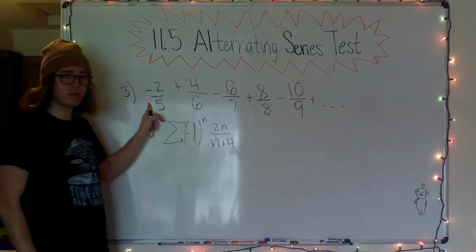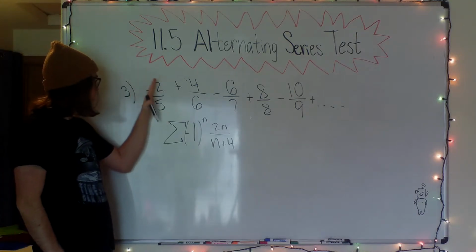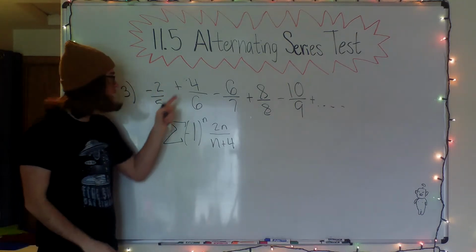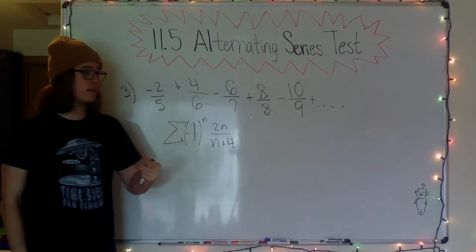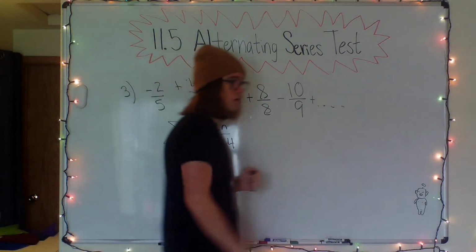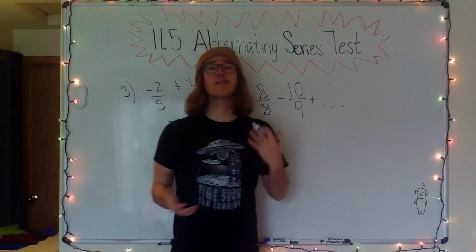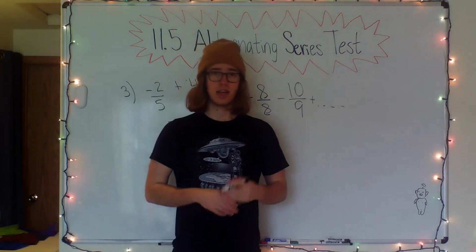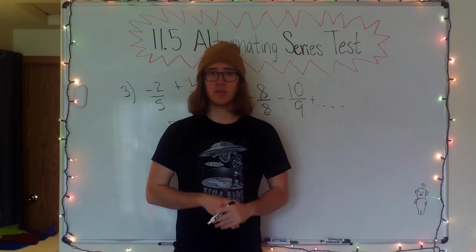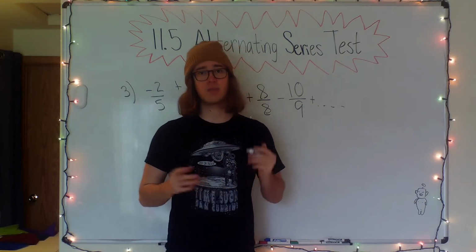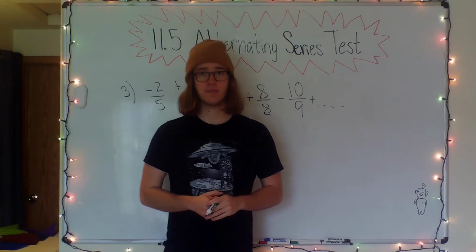This is approximately negative 0.4, or the absolute value is 0.4. That's 2/3, which is 0.66. So our series is increasing. It's an alternating series, but it's increasing. So by our alternating series test, it is divergent because it does not satisfy the properties to converge.